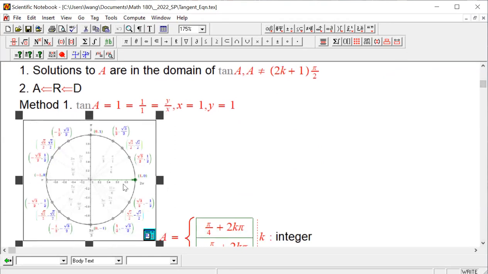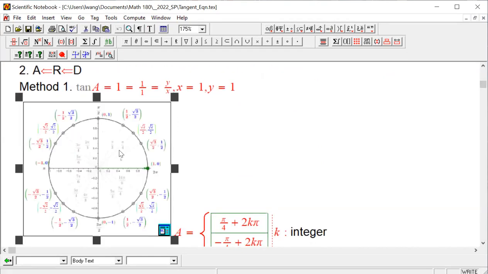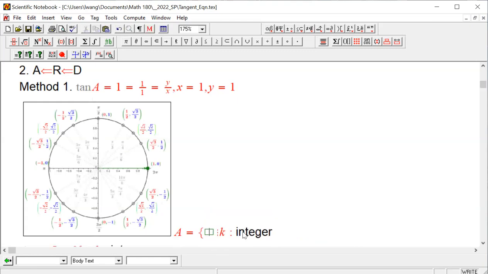But in terms of using the unit circle, because the definition is y over x, the blue number divided by the red number equals 1.